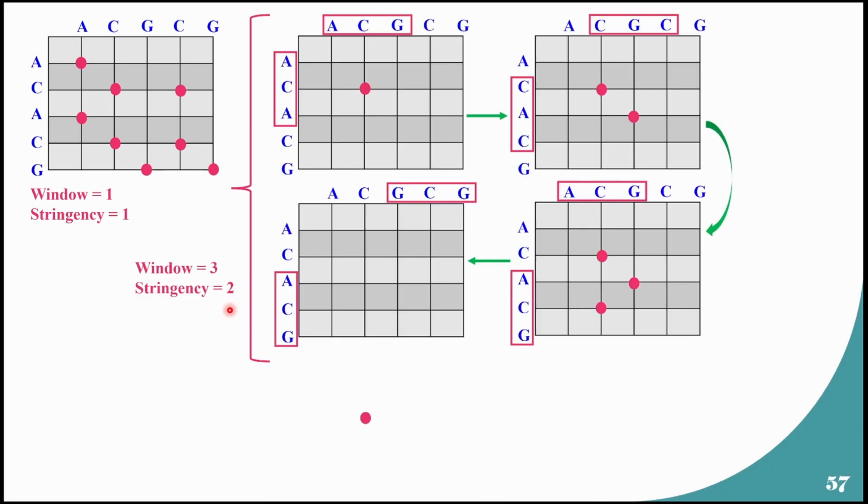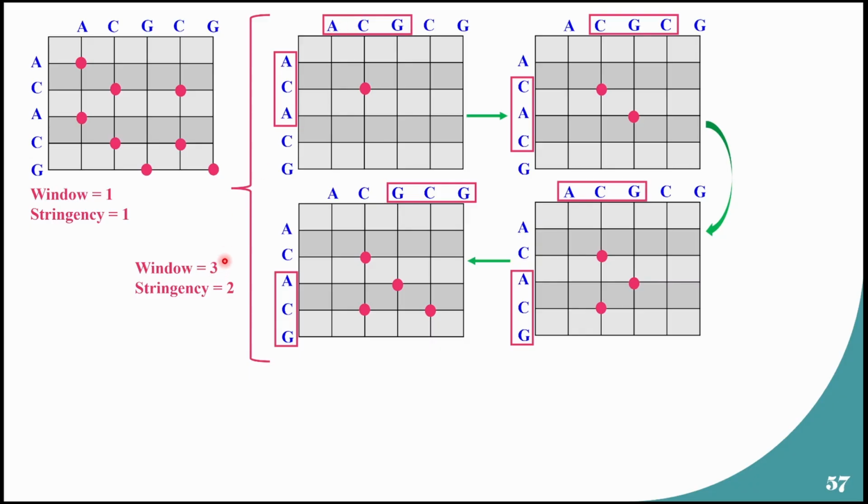Now, what a window size is basically, it's saying that instead of a single character by single character match, now you try to compare three different characters of the sequence together as a single window. So that's your three character window.